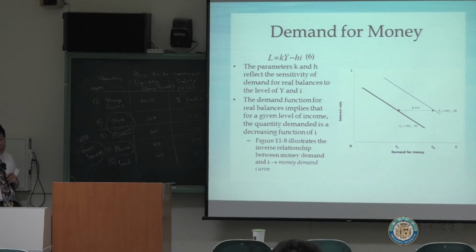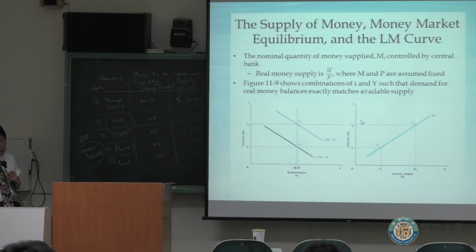After that, we can see the money demand and how to draw the LM curve. The blue line represents the money supply, which is vertical, and the negative slope represents the money demand.